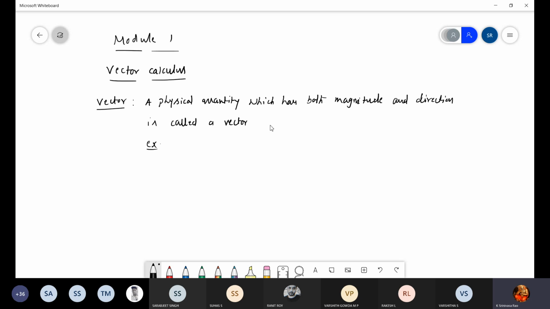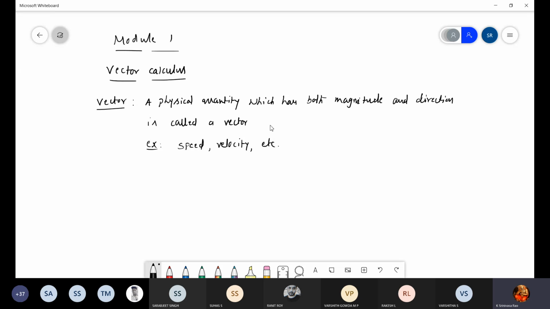Example: speed, velocity, acceleration, etc. So it has both magnitude and direction.